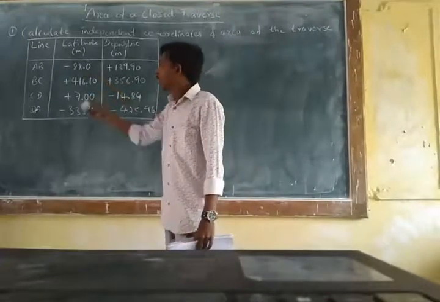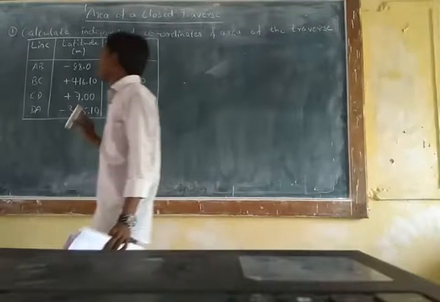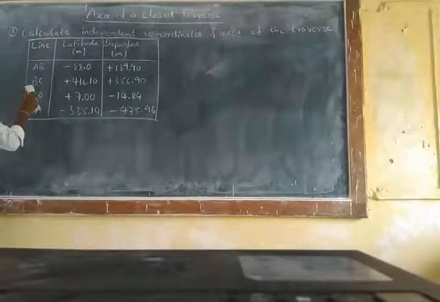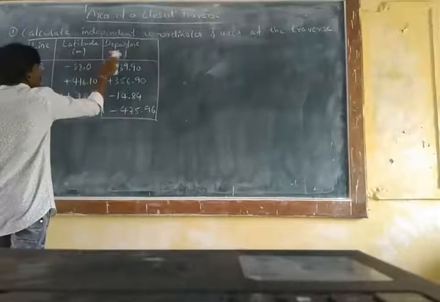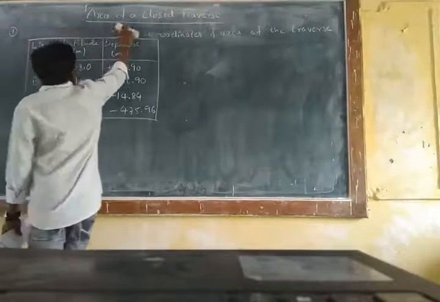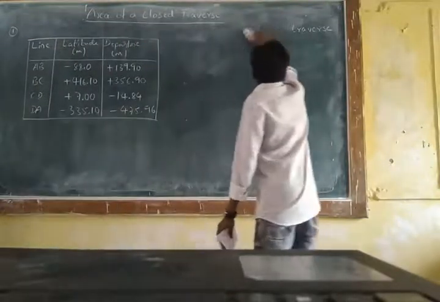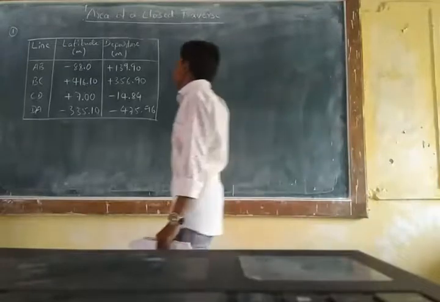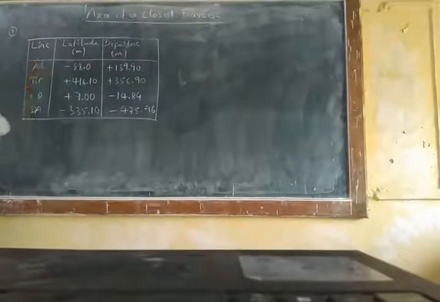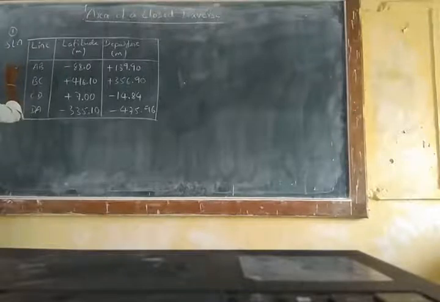So the table here will be changed a little bit. These are the consecutive coordinates. I will erase this question above and extend the table now. Here we need another thing, the station.